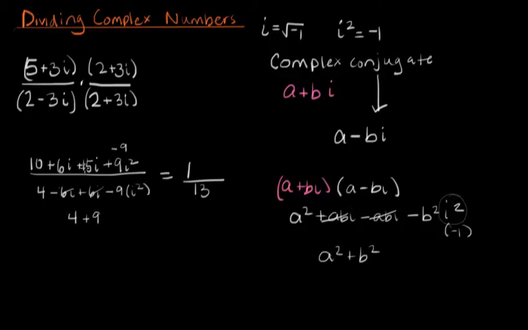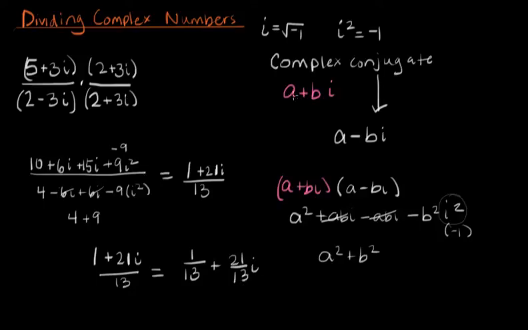And then 6i plus 15i is 21i. So 1 plus 21i over 13. So we could write that as either 1 plus 21i over 13, or it would be the same to write 1 over 13 plus 21 over 13 i.